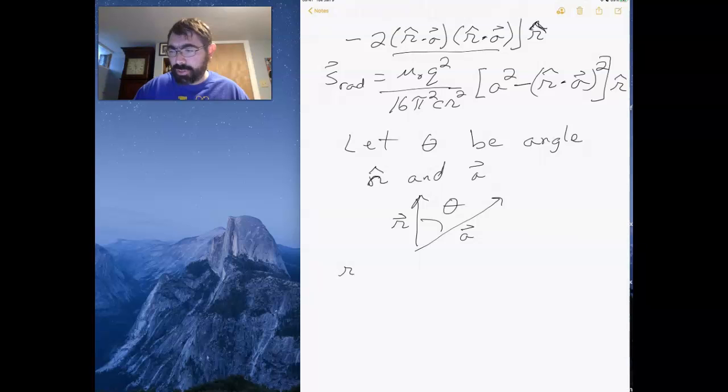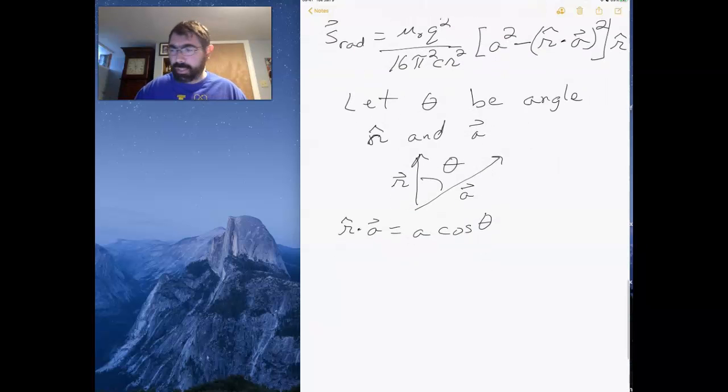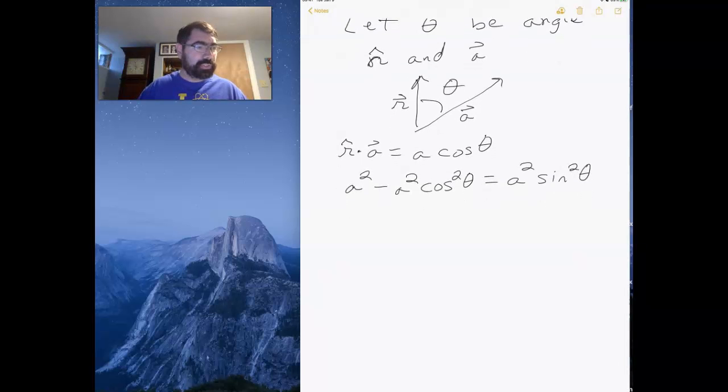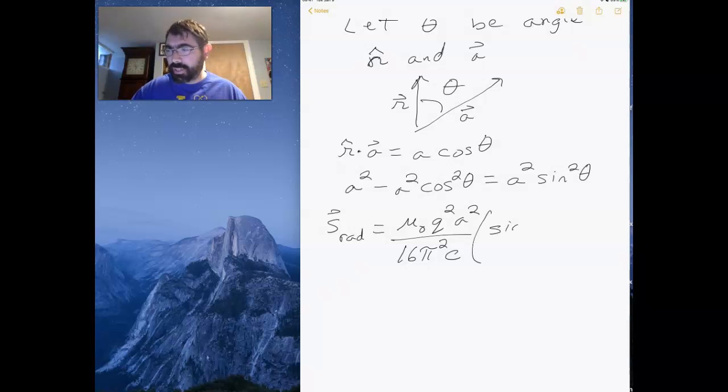So that means that r dot a is just a cosine theta, and a squared minus a squared cosine squared theta is just a squared sine squared theta, which means I now get mu 0 q squared a squared over 16 pi squared c, the sine theta over r, quantity squared, in the r direction.